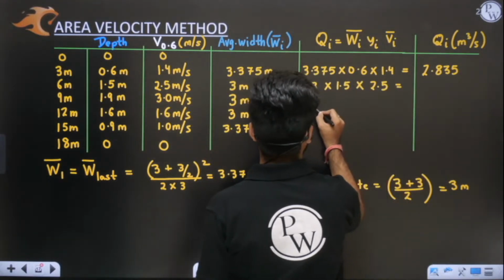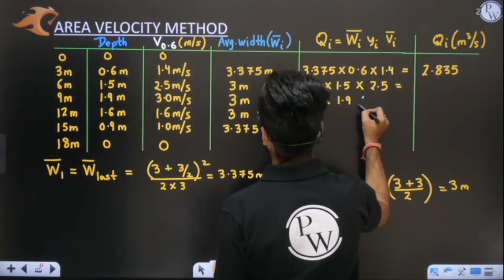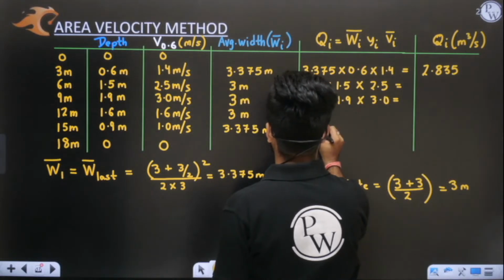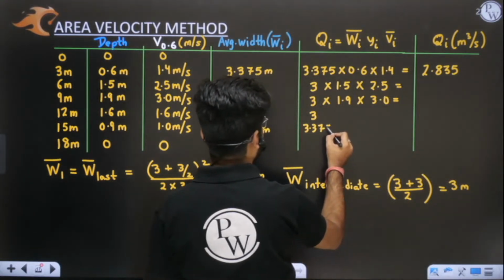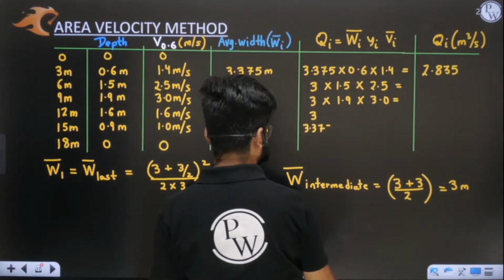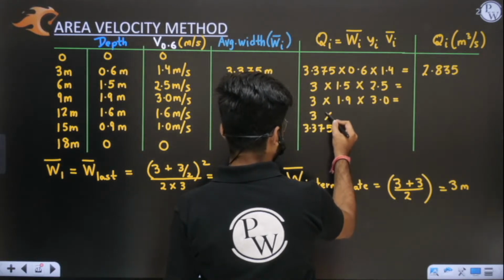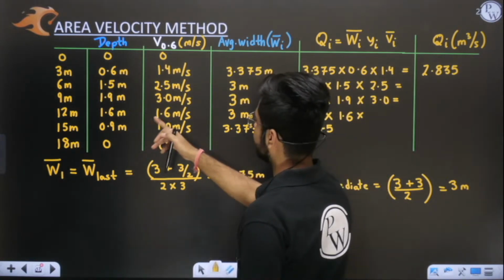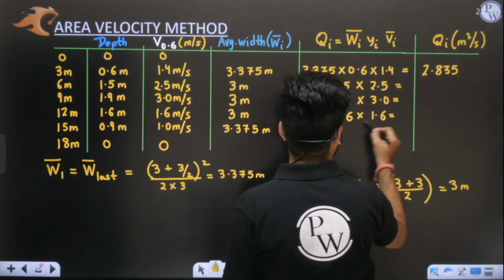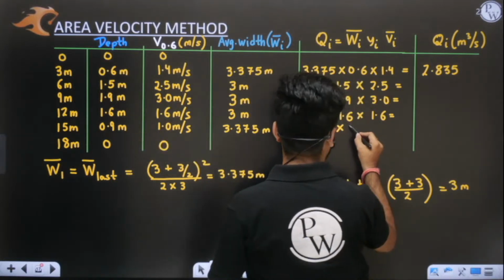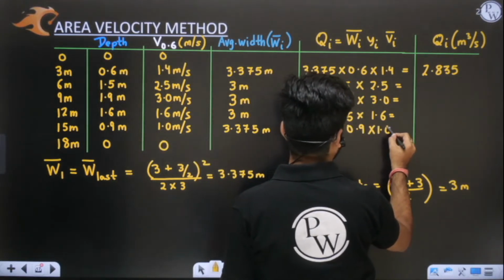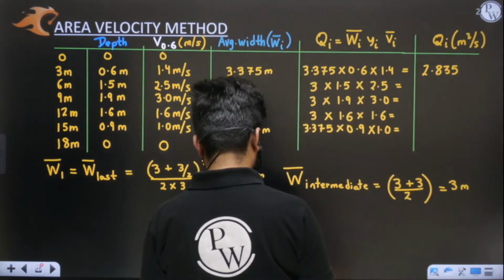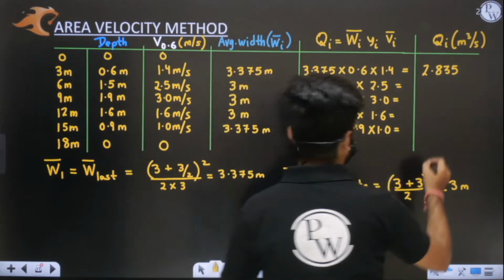Similarly, you will multiply 3 into 1.9 into 3, and 3 into 1.6 into 1.6, and then the width 3.375 by depth 0.9 and velocity 1. So the second value we are getting is 3 into 1.5 into 2.5, which is 11.25.